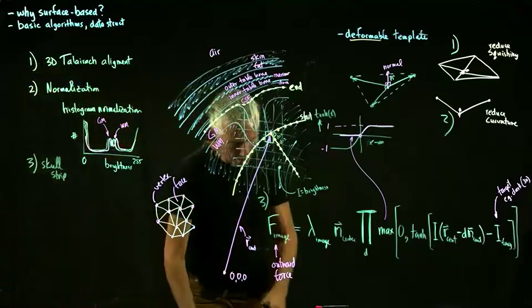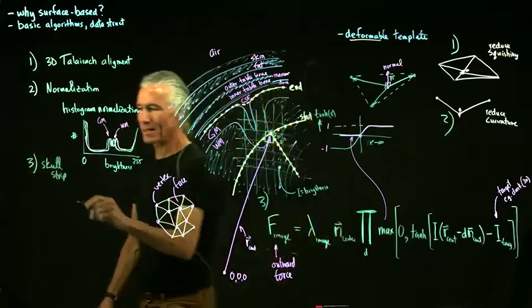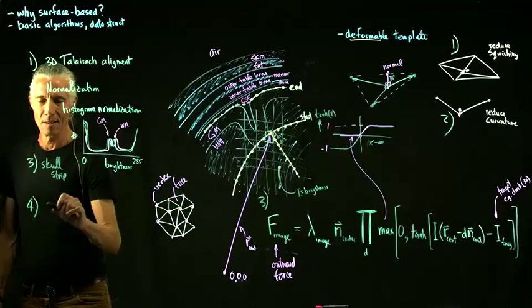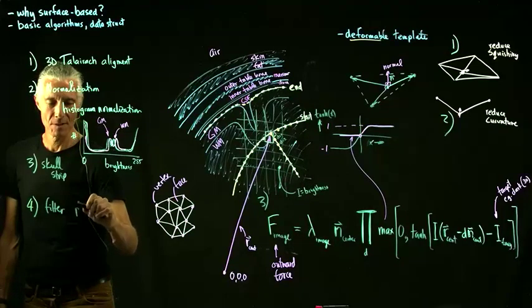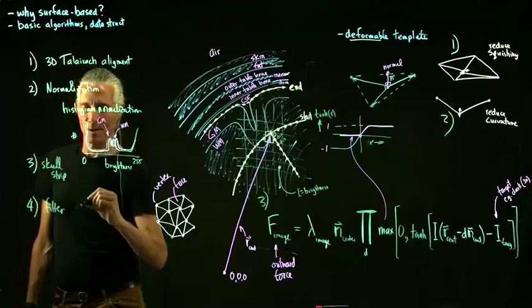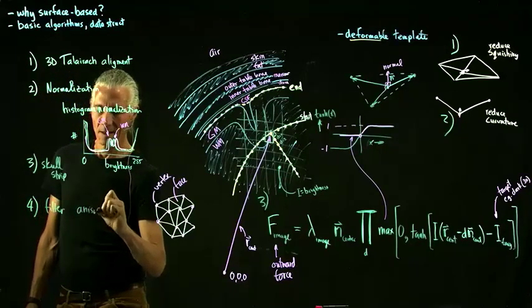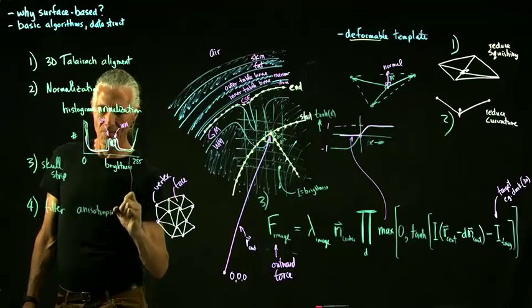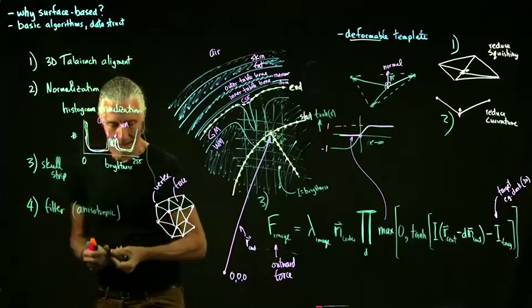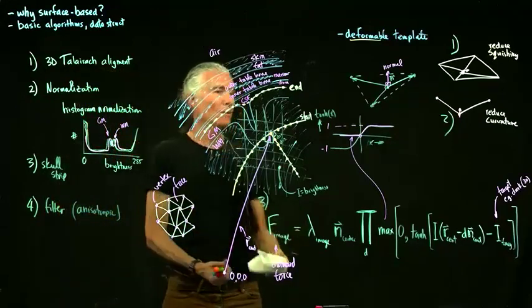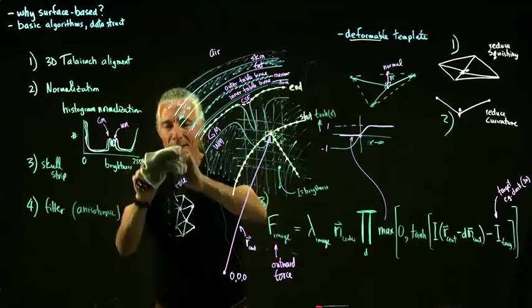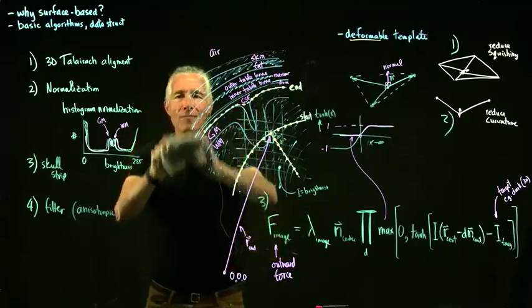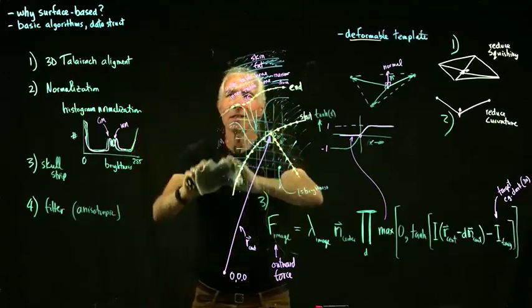And now we've got to do a very important filter operation. This is an anisotropic filter. Now, why would you want to filter it if you've got good quality data? The problem is, how many voxels are there in the data set?